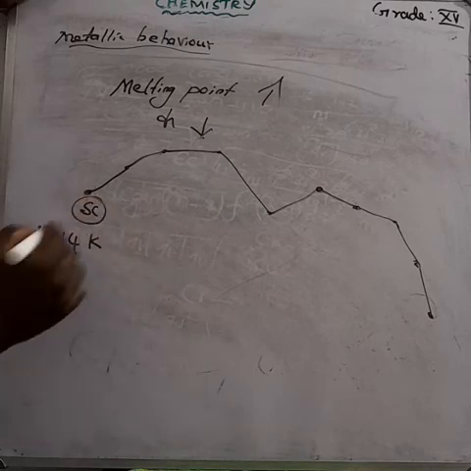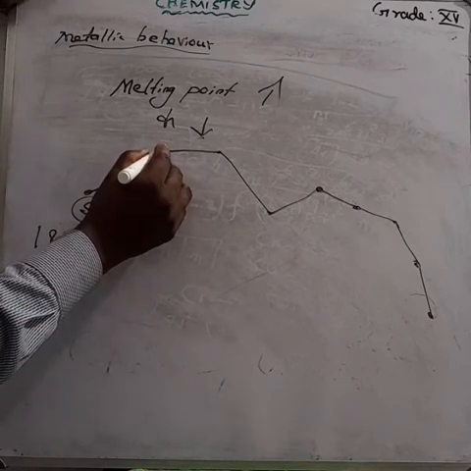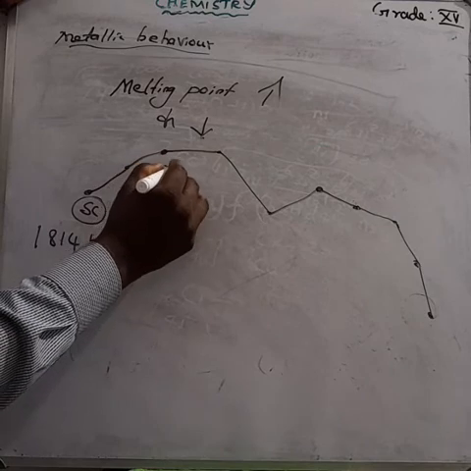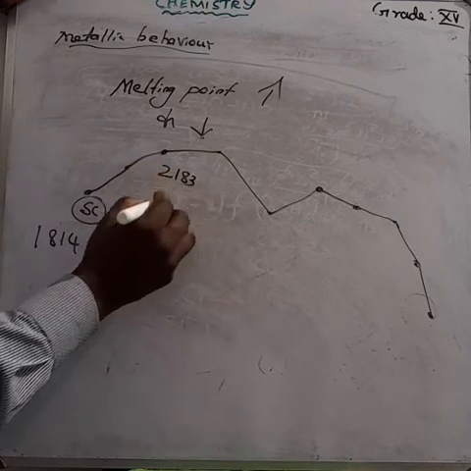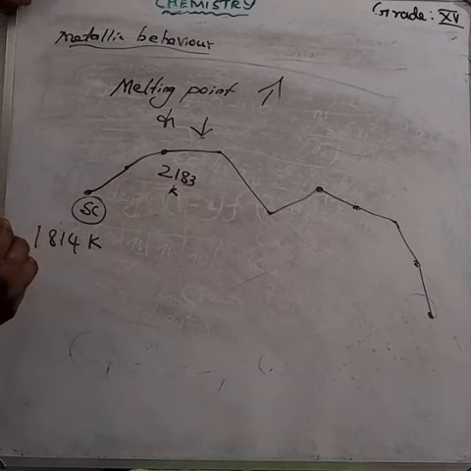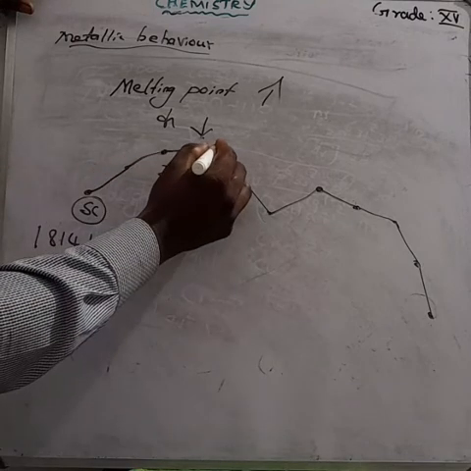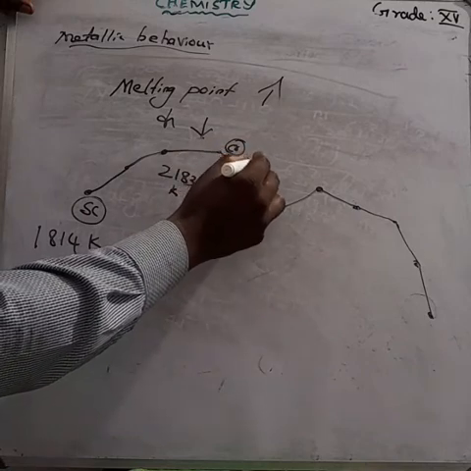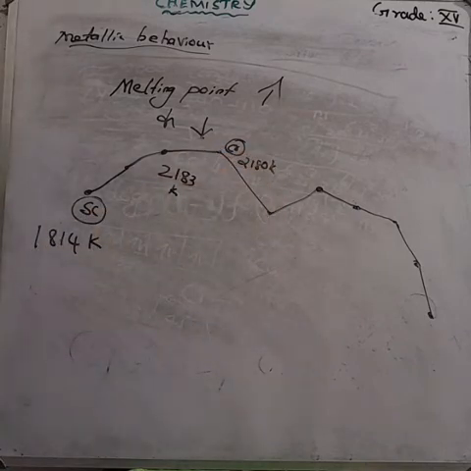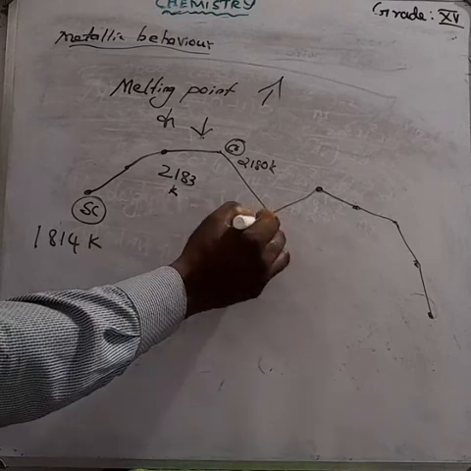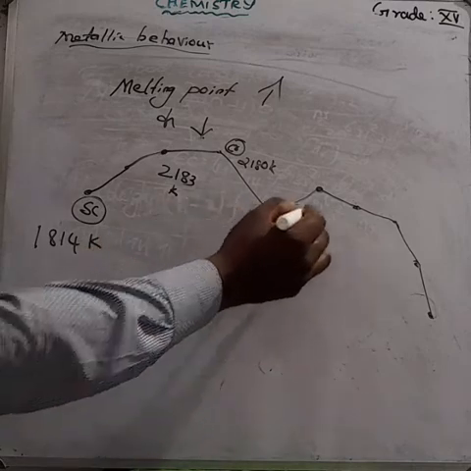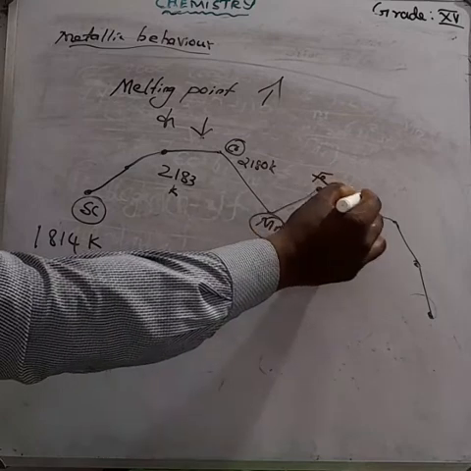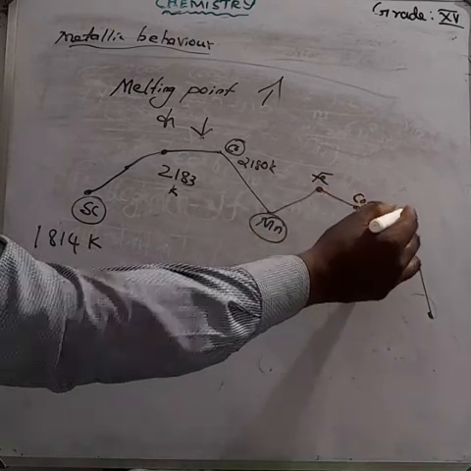Next, vanadium is 2183 Kelvin. Next, chromium is almost the same, 2180 Kelvin. Next, manganese decreases, am I right? And again it increases to iron, cobalt, nickel, then decreases.